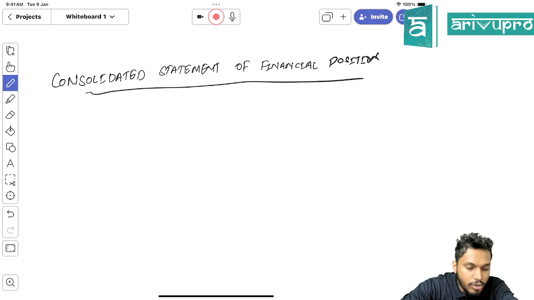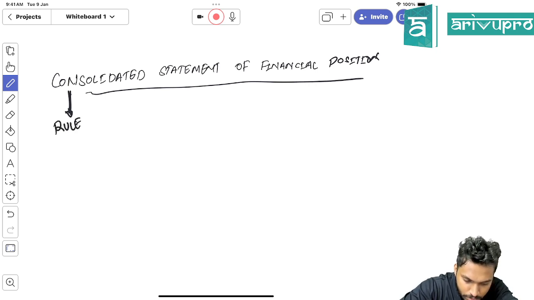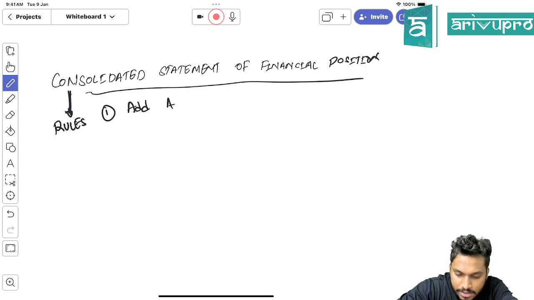So guys, in order to consolidate any accounts, what are the rules that we learn? The first rule is what? You need to add your assets and your liabilities.